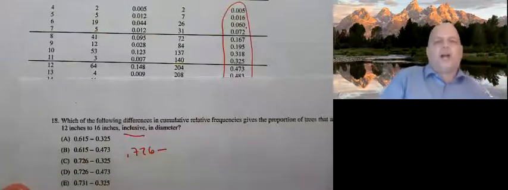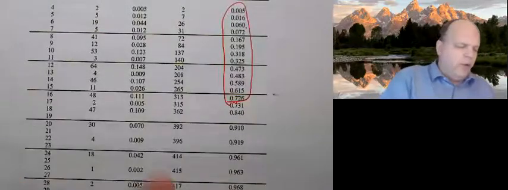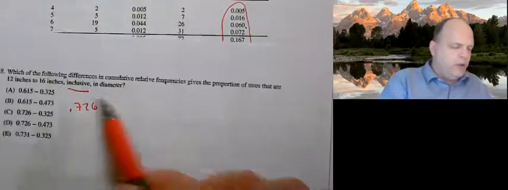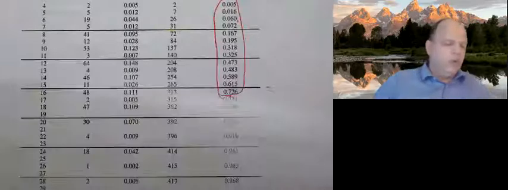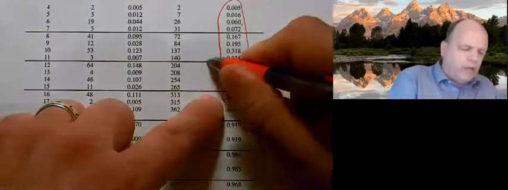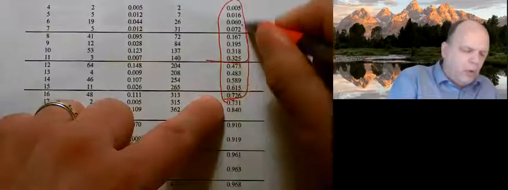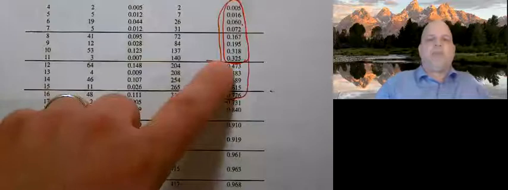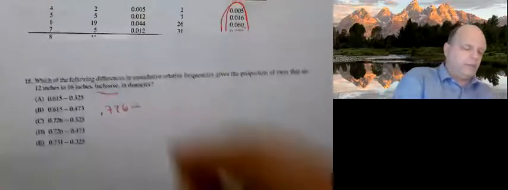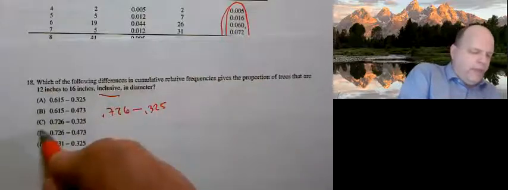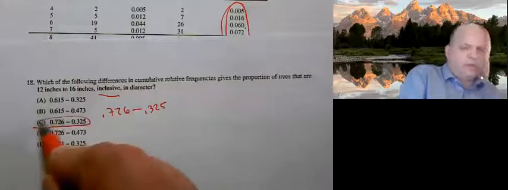But then I need to subtract out what I don't want. We want to include 12, so I'm going to subtract out everything below this line here, which is 0.325. And that makes letter C my answer.